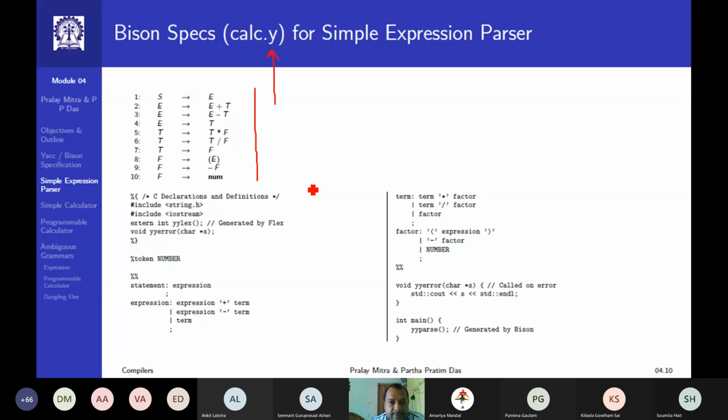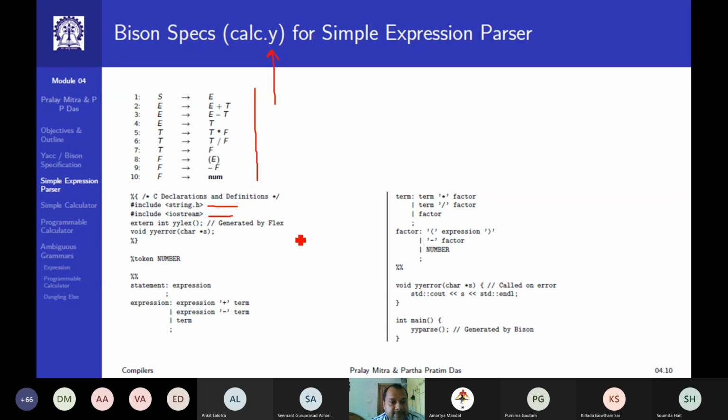And what will be my program for Bison? Very simple. So here string.h, iostream, those C header files I included. This yylex, you remember this yylex was part of the Flex program. If I use that one in this program, then I have to mention that it has been declared and defined somewhere else.